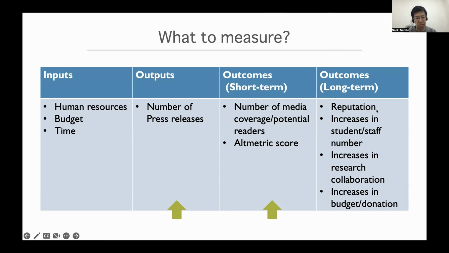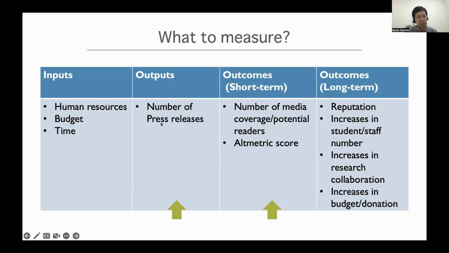If you'd like to know things like return on investment, you can also measure inputs like human resources, budget, and time you put into press releases. But we only measure outputs and outcomes because these are the things we want to know, and these are relatively easy to measure.